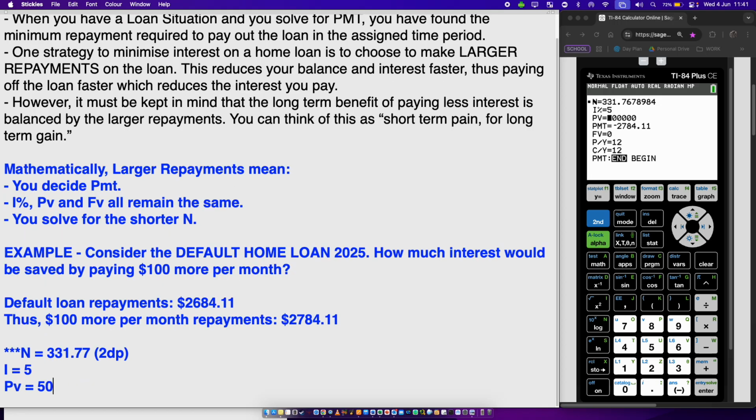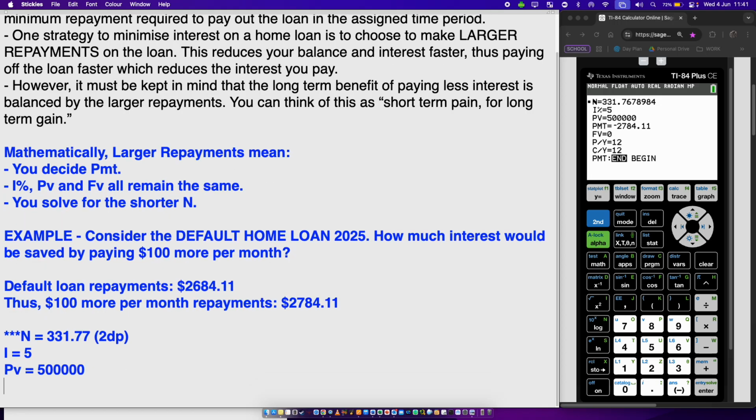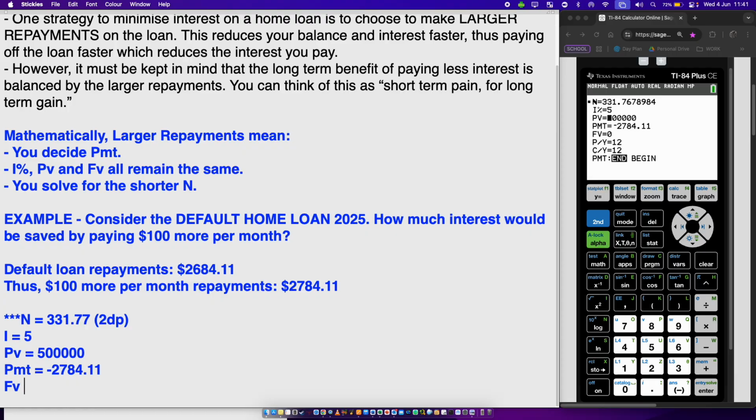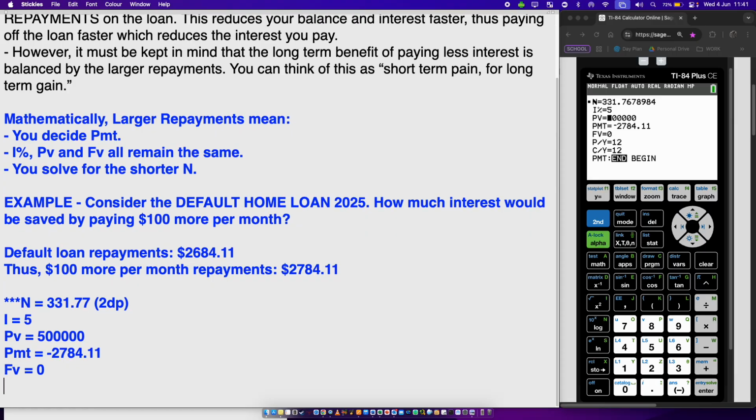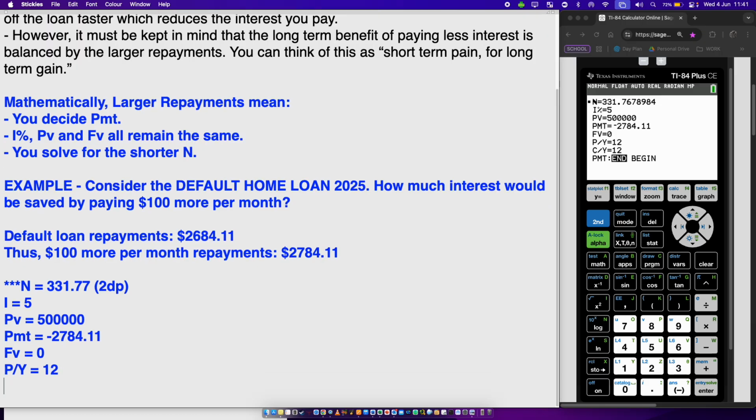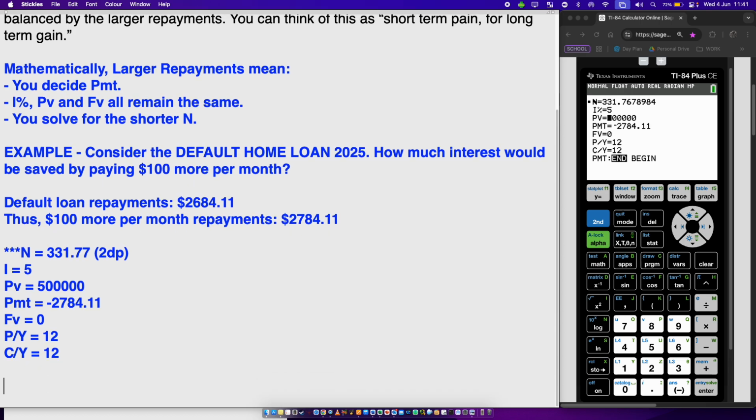I still borrowed 500 grand. PMT was now negative 2,784.11. What do I want to owe the bank at the end of a loan? Nothing. PY, I was still paying monthly. And the bank was still compounding monthly. So the only thing that's changed is the loan is getting finished quicker.